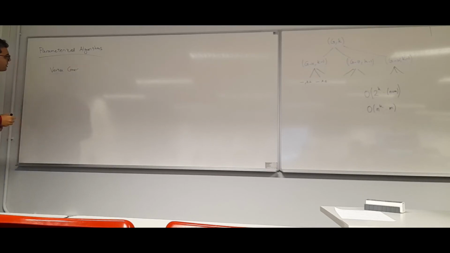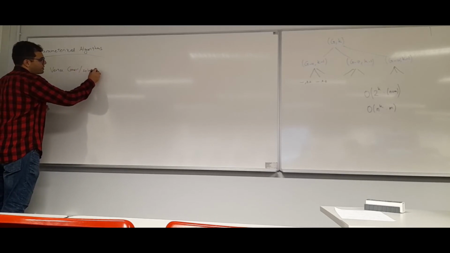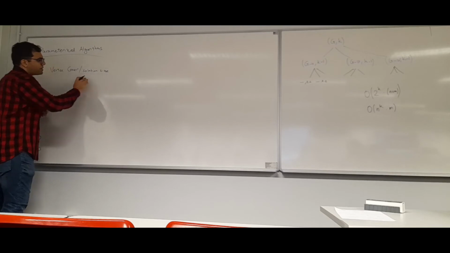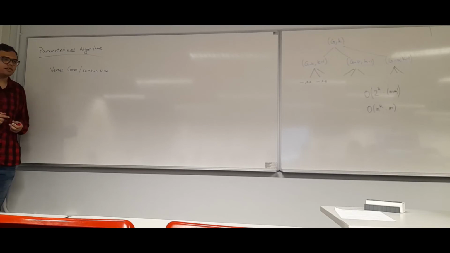And you will see that as I write my problems, I also explicitly say what the parameter is. So I write it like this: vertex cover parameterized by solution size. So this means that my parameter k is the size of my solution, the size of the vertex cover. And then later on in this module, we will actually use different parameters as well.